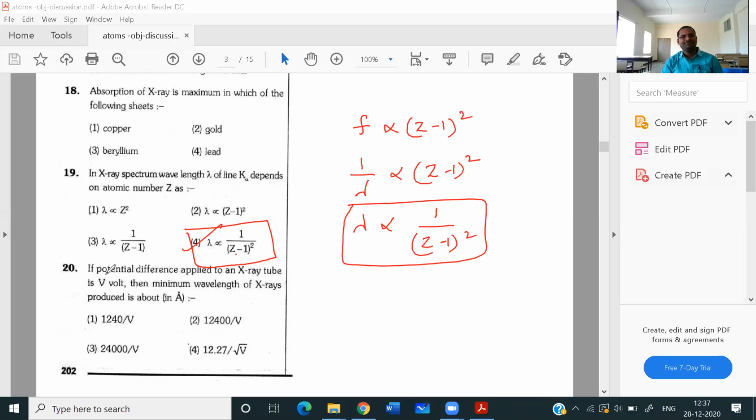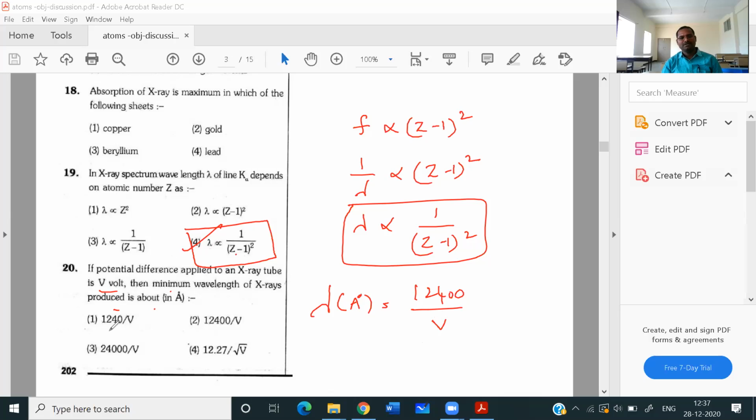Next, if potential difference applied to an X-ray tube is V volt, then the minimum wavelength of X-rays produced in angstrom will be nothing but 12,400 upon energy in electron volt.